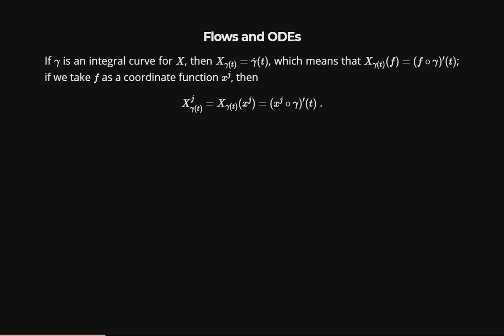Again, if we take f as a coordinate function, we are always in a local coordinate chart, and we have our local frame. So we take a coordinate function, then the jth component of our vector field is just the vector field evaluated at the coordinate function. So it means that you take the jth coordinate of gamma.